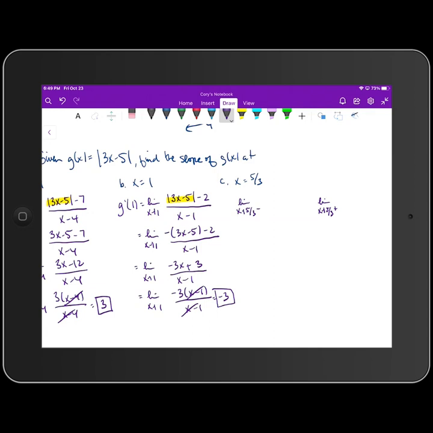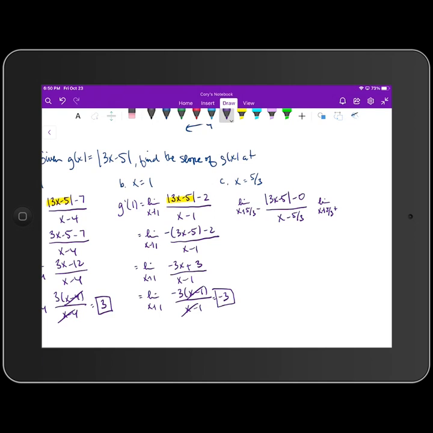So with the left-hand limit at 5/3, again using that definition of the derivative, we get g of x, which is the absolute value of 3x minus 5, minus g of 5/3, which we said was 0, over x minus 5/3.